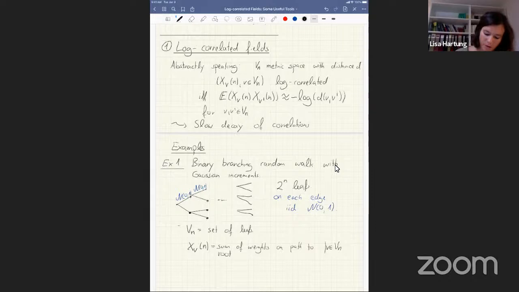So if I take, for instance, this one, then I would just go back to the root, and then I would sum up all the weights that I find along this path.